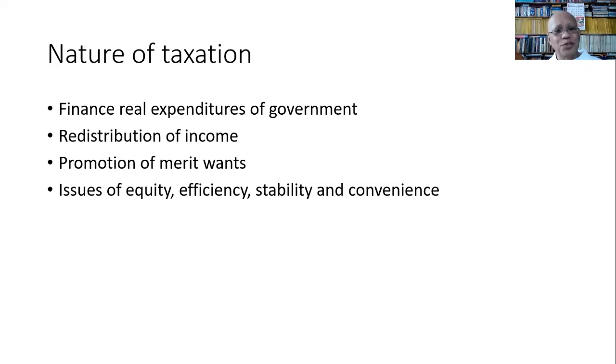Government can also use the tax system to promote merit wants, meaning those particular wants of households that they would like to encourage, and those which are regarded as not very encouraging, but the more efficient way of dealing with that is through the tax system. For example, government would think that education and healthcare are very important activities.